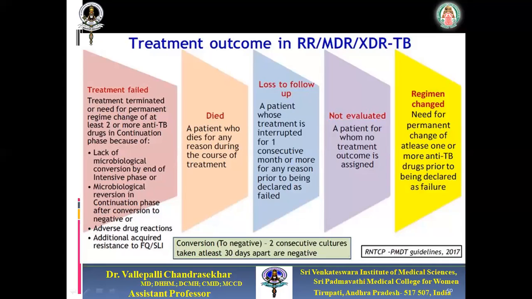Then lost to follow up: interruption for 1 consecutive month or more for any reason prior to being declared as failed. Again, not evaluated: unable to evaluate, for whom no treatment outcome is assigned. Then regimen changed: need for the permanent change of at least 1 or more anti-TB drugs prior to being declared as failure. Again, conversion to negative: 2 consecutive cultures taken at least 30 days apart.